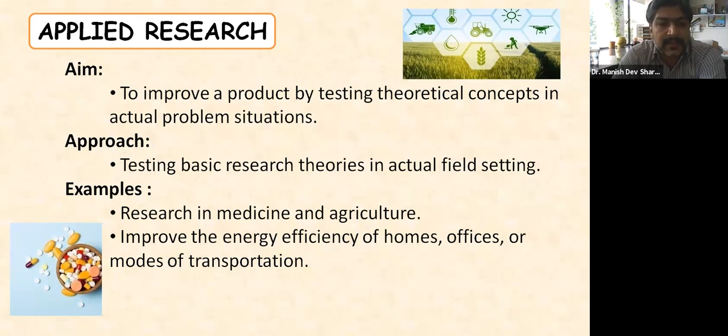research in medicine and agriculture, improving the efficiency of home offices, and modes of transportation. Like in the case of air conditioning, we already have two types of systems at our home: the HVAC system and the open air cooling system.